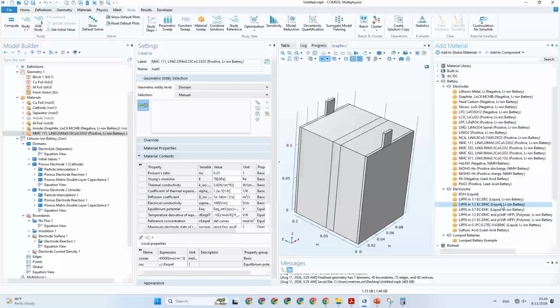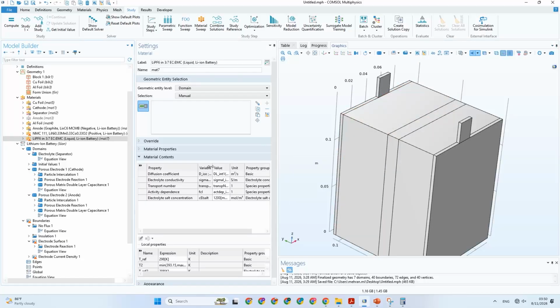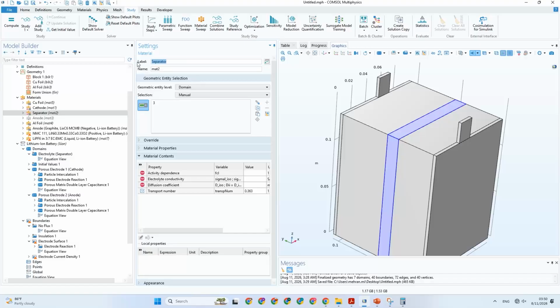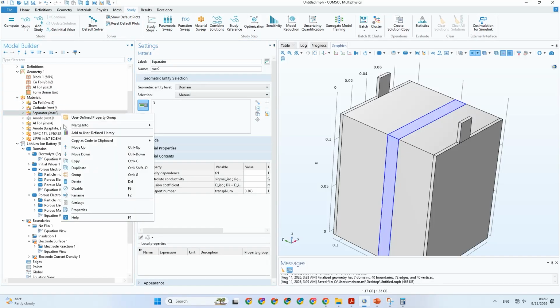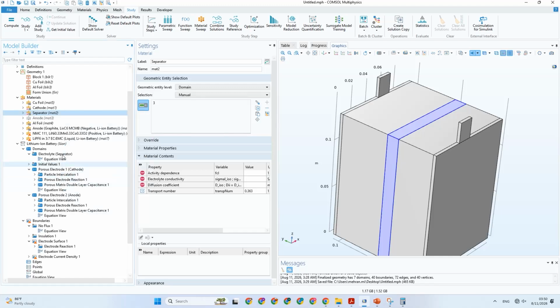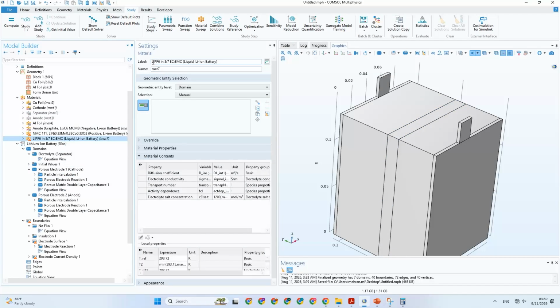And I choose this as lithium ion battery. Okay, it will be a separator or electrolyte. I disable this, I choose separator. I also write electrolyte.